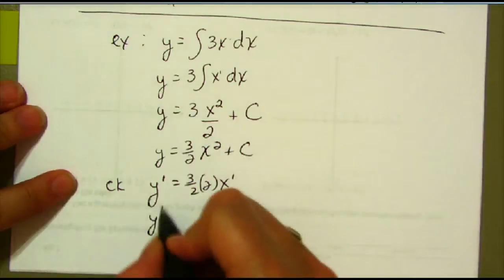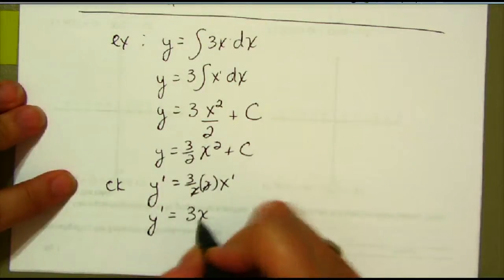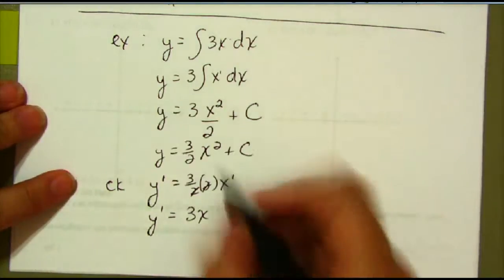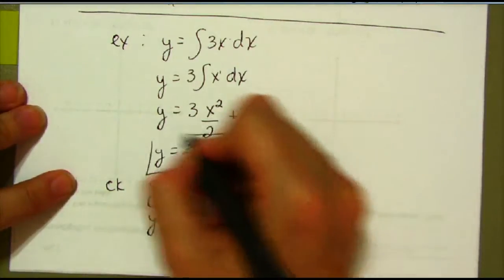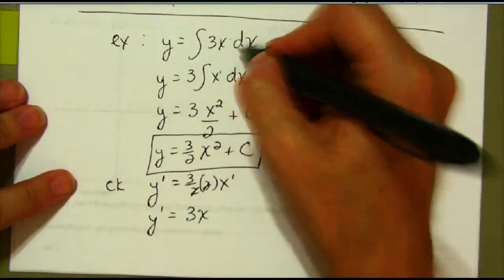So let's go ahead and clean this up. These two cancel, so that's 3x, which is my original function. So this is the antiderivative of this original function.